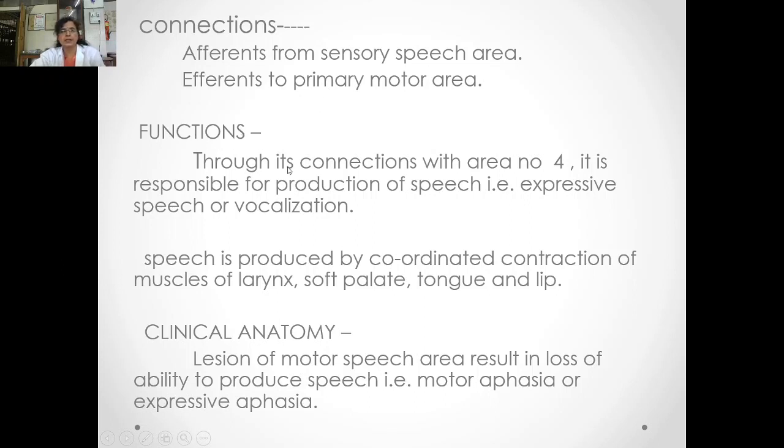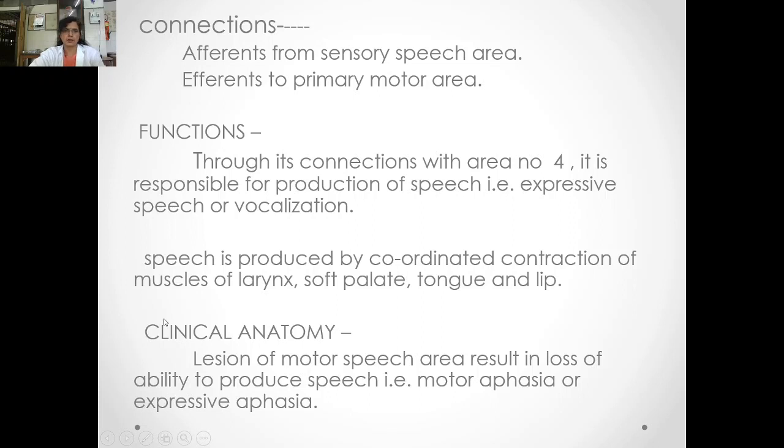Functions: through its connection with area number 4, it is responsible for production of speech, that is expressive speech or vocalization. Speech is produced by coordinated contraction of muscles of the larynx, soft palate, tongue and lip.